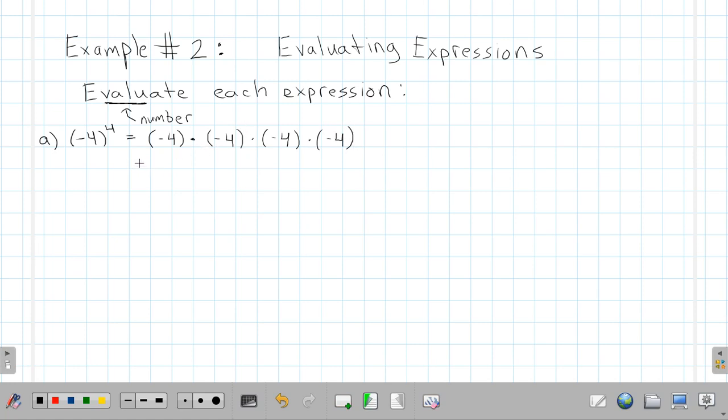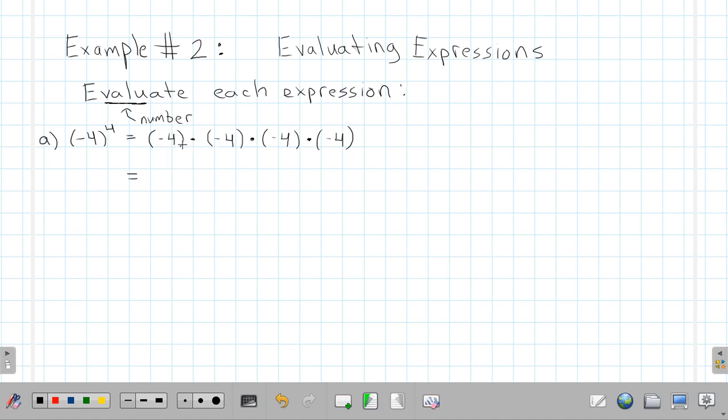Okay, so let's go ahead and simplify this. That means actually going through what we call the order of operations. In this case, the only operation is multiplication, so this is pretty straightforward. We'll talk more about order of operations in the next example because there are other operations in those. But in this case, we just go through like we did at the very beginning of the note video.